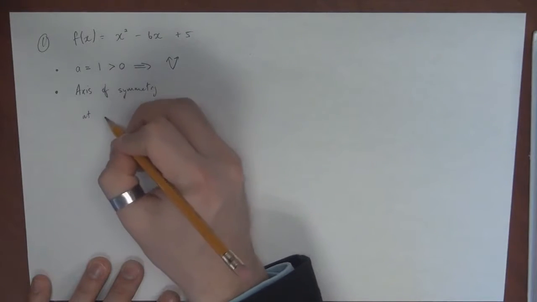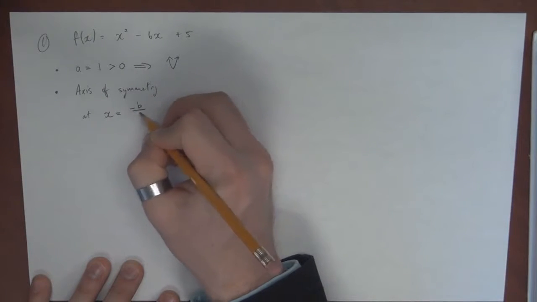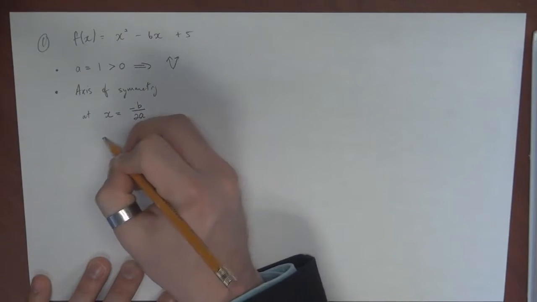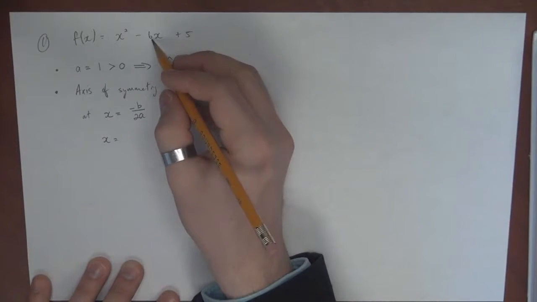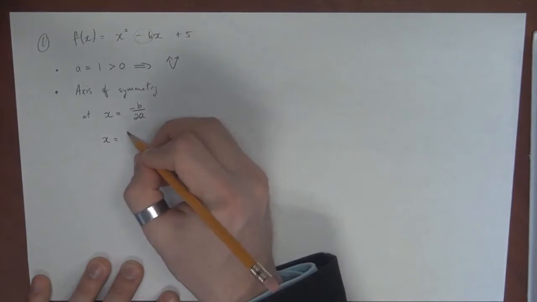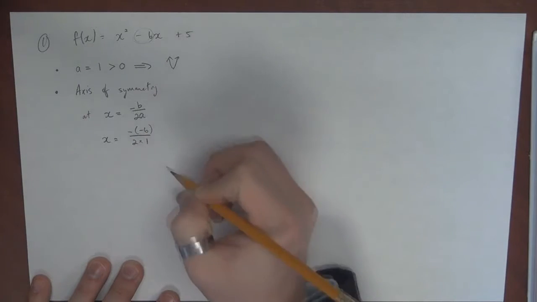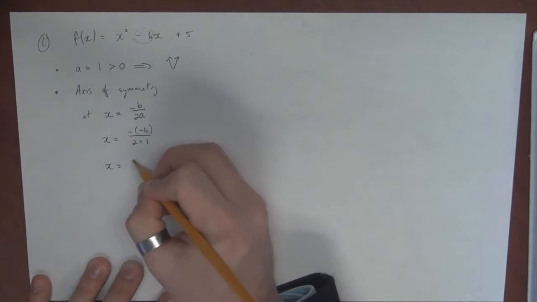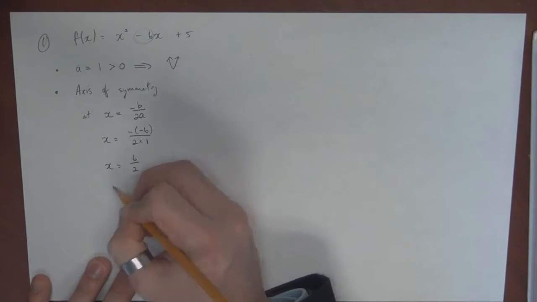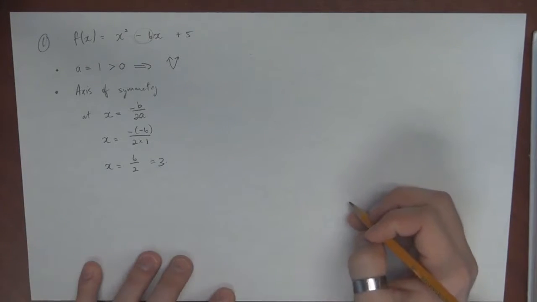That is when x equals negative b over 2a, which in this case b is negative 6. So it's going to be negative 6 over 2 times 1. So x is equal to 6 over 2, which is 3. So let's see here.